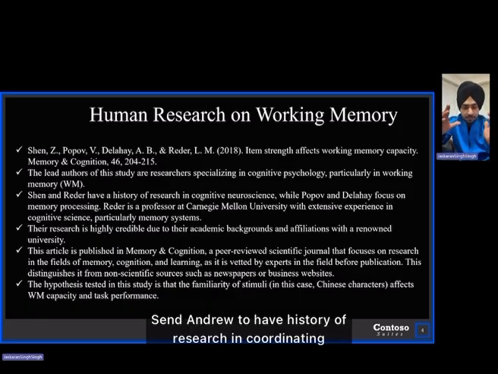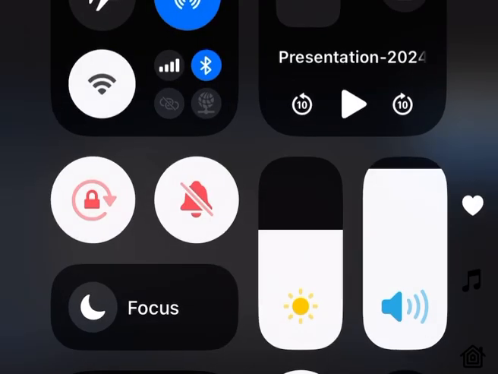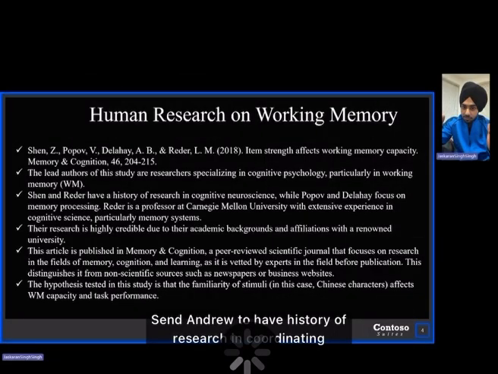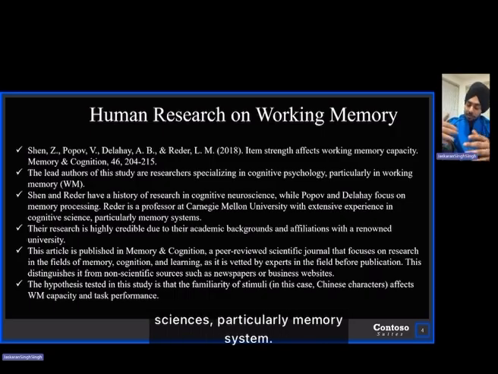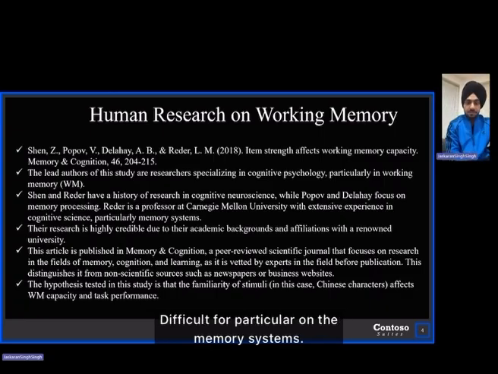Shen and Reiter have a history of research in cognitive neuroscience, while Popov and Delhi focus on cognitive science, particularly memory systems.